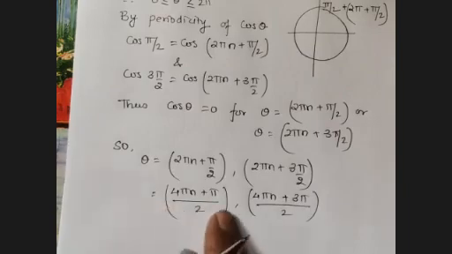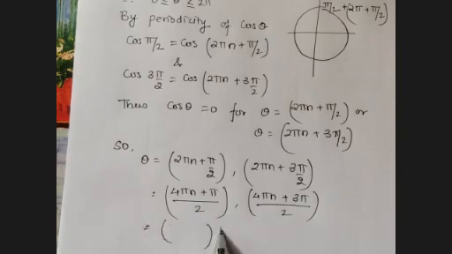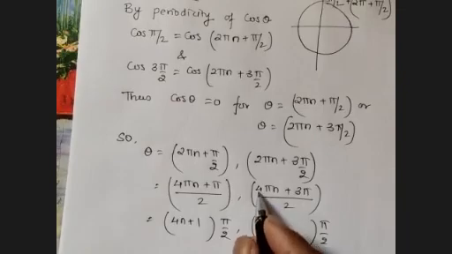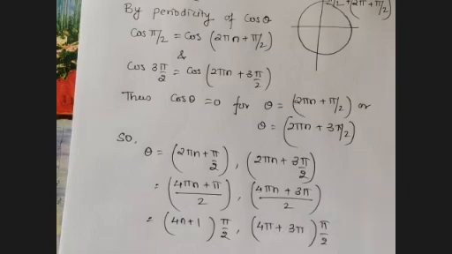Now what is common here? Pi by 2 is common. So what remains inside is 4n plus 1 and 4n plus 3.